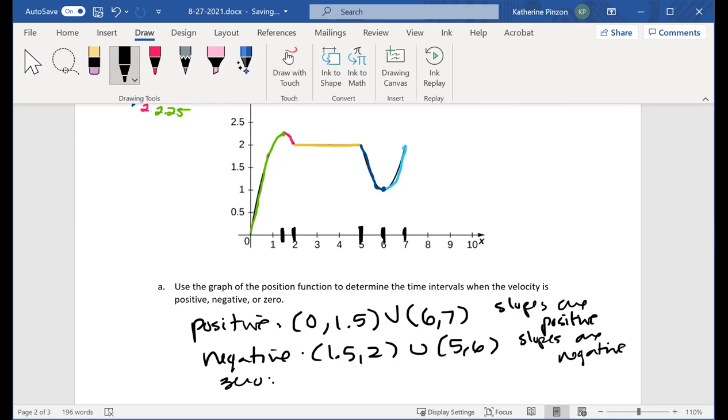Okay, when's the velocity 0? The velocity is 0 when the dude's not moving, right? That flat line, that flat yellow line from 2 until 5.